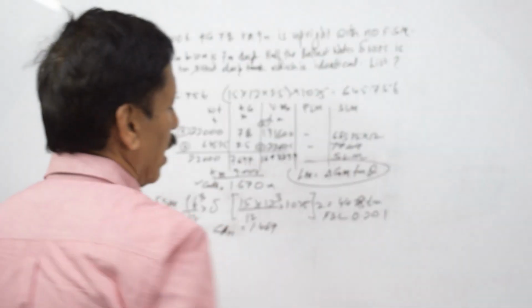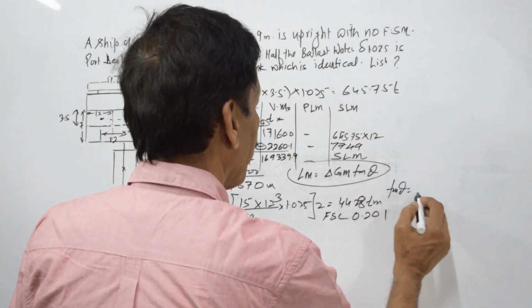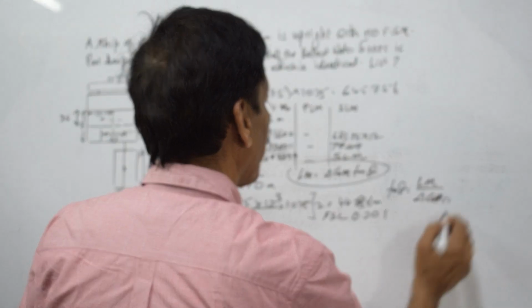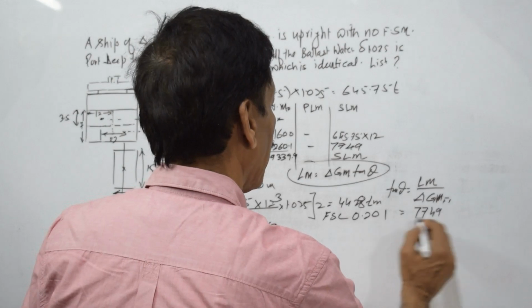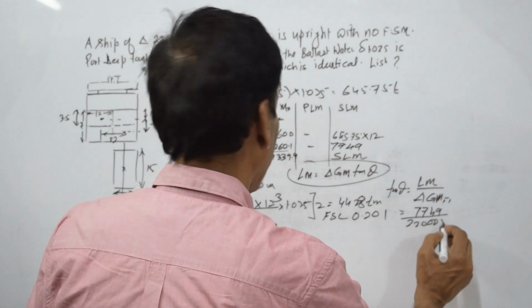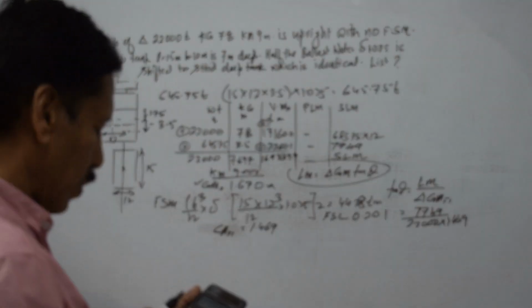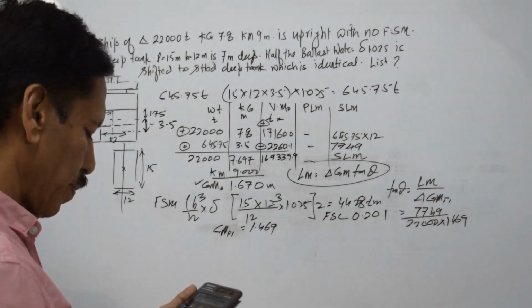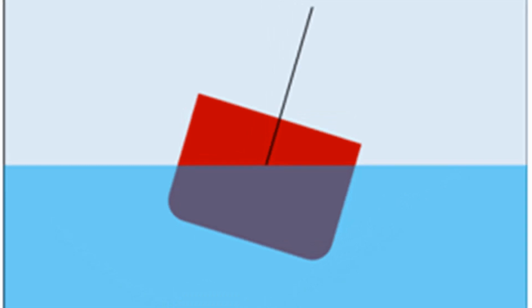When we apply these values in this formula, tan theta is equal to listing moment divided by displacement into GM fluid. So that is 7749 divided by 22,000 into 1.469, which gives me a list of 13.48 degrees.